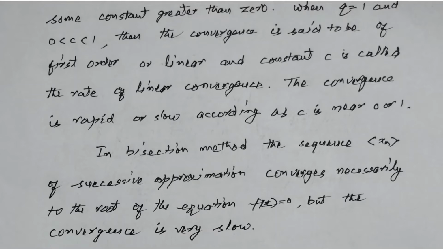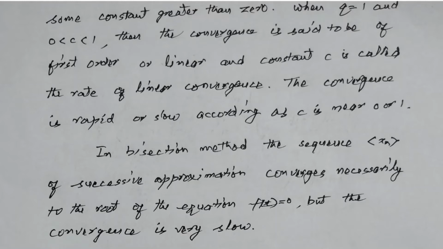When q equal to 1 and c lies between 0 and 1, then the convergence is said to be of first order or linear, and the constant c is called the rate of linear convergence.